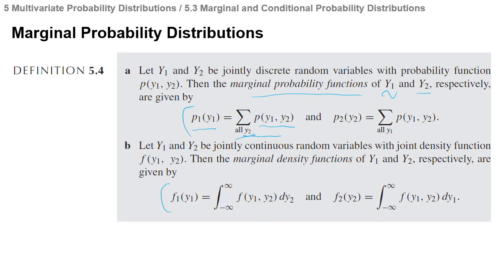In the continuous case, rather than summing all the probability mass, you integrate with respect to the other variable, and you get the marginal probability. We saw two examples, a discrete case and a continuous case. Okay, so let's move on to conditional probability distribution.